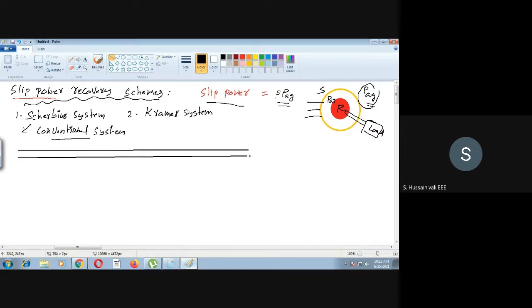These are the three-phase supply. Then the stator is there. Assume that it is connected in delta.